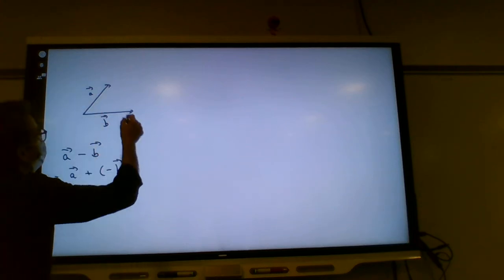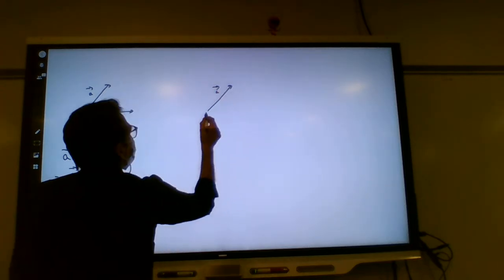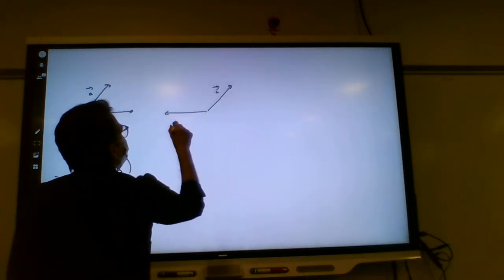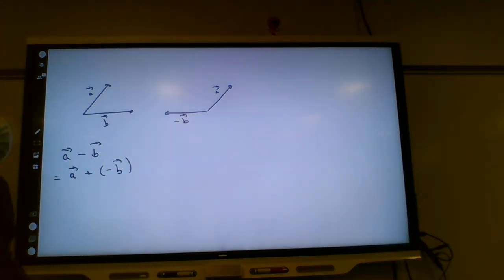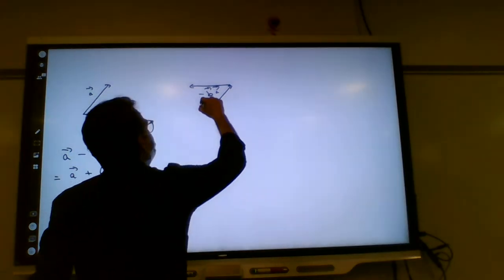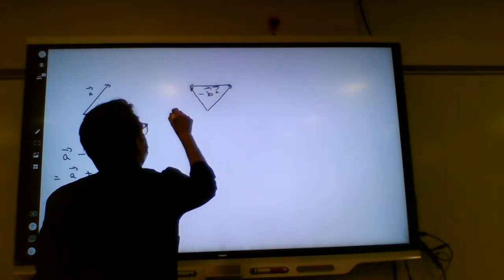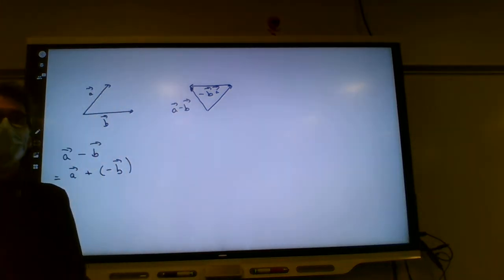And so what would happen geometrically in this case? We have A here. This would be negative B, right? The opposite of B, pointing the opposite direction. So if we did the geometric approach, put B up here, A minus B looks like that.